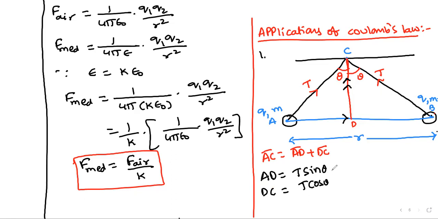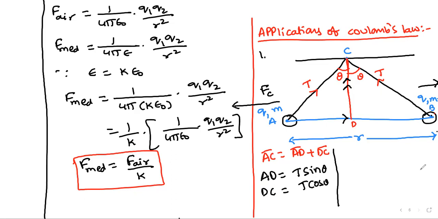Now, since both the particles are having the same charge, we are having a force of repulsion. I consider the triangle ADC. This is my Coulombic force of repulsion.